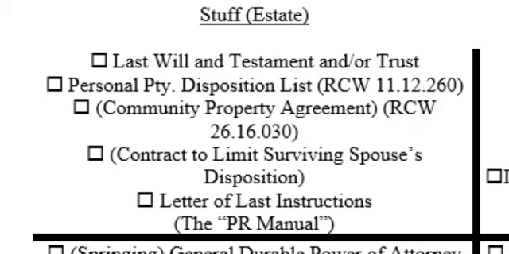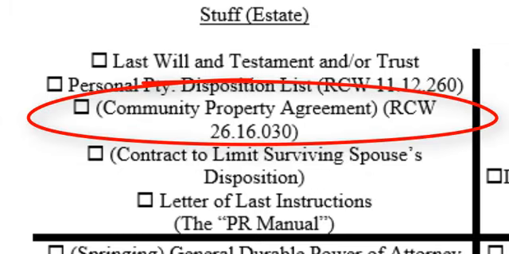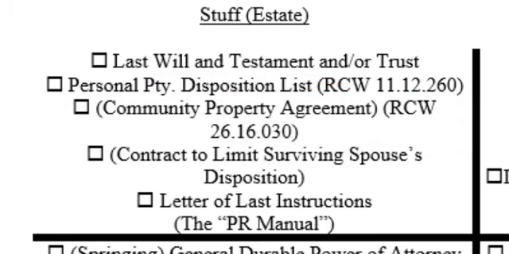Moving down the segment of death and stuff, we have the community property agreement governed by RCW 26.16.030. That's for spouses who are saying we want to have all of our property that we own now to be deemed or characterized as community property, and all of the property that we acquire to become community property when we acquire it, however we acquire it.